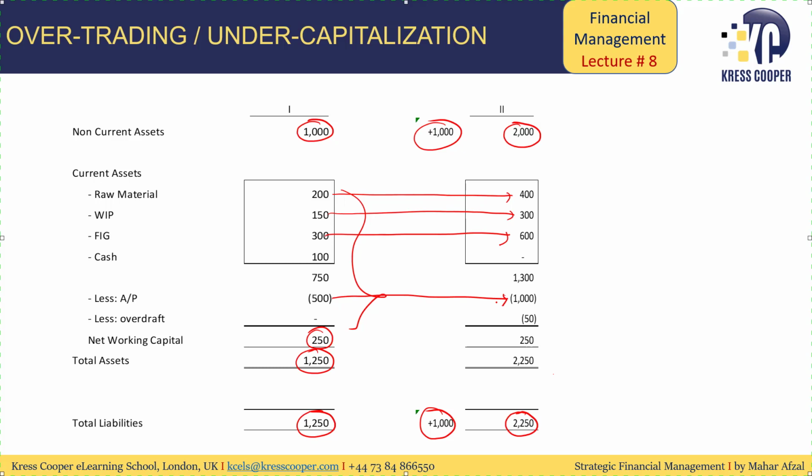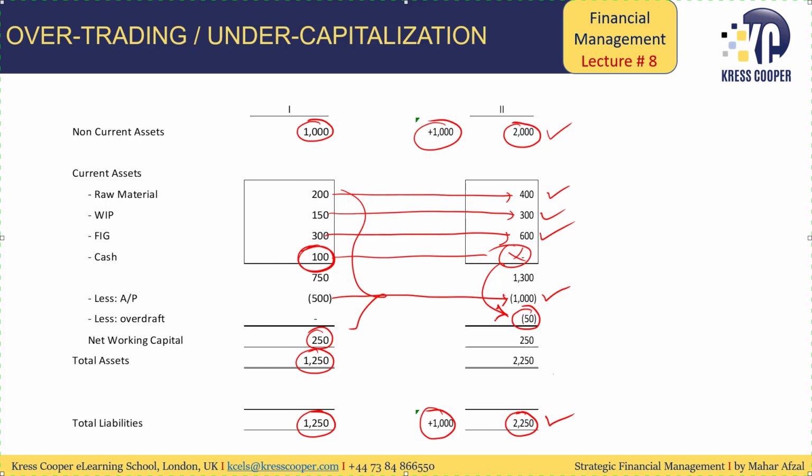So if all these numbers will increase and these are the certain numbers, so the balancing is 50, which is overdraft, means this 100 which was reflecting in the balance sheet before making the production double, this 100 has become 0 and company has gone into overdraft. Company has not sufficient funds to meet its short-term obligations.